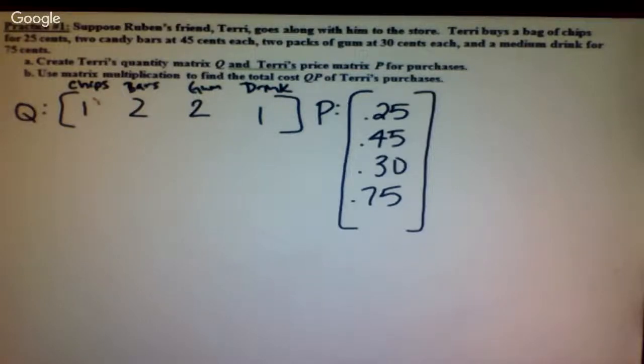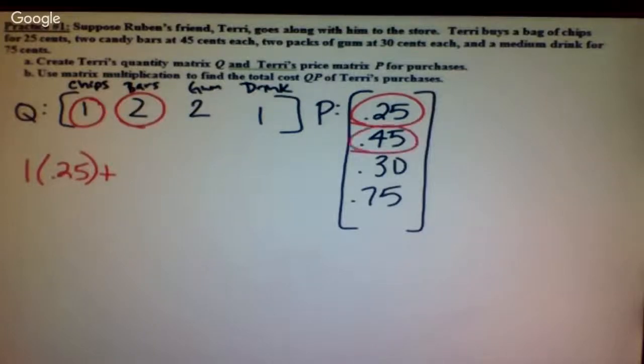So then when we multiply, we got one item at 25 cents. We got two items at 45 cents. We got two more items, this time at 30 cents.